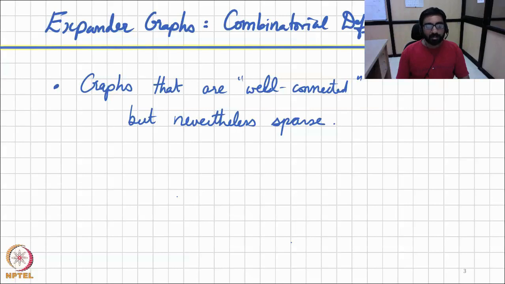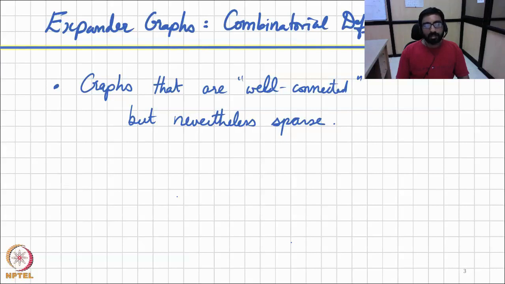So these are very interesting combinatorial objects, but there are many interesting aspects to this notion of expander graphs. In particular, one of the aspects is that it's not just a combinatorial object, but it also can be viewed as an algebraic notion, could be viewed from probability theory, and so on.